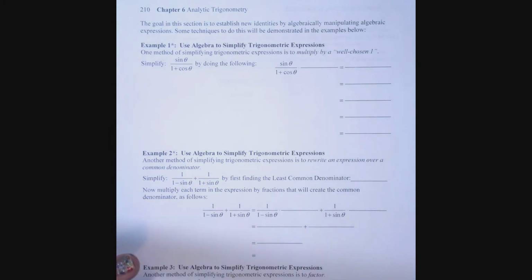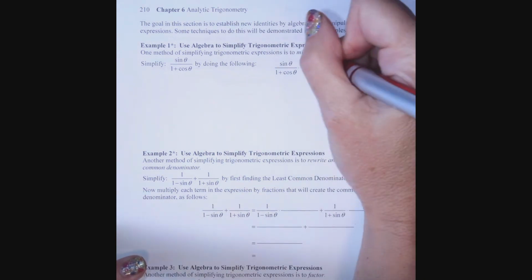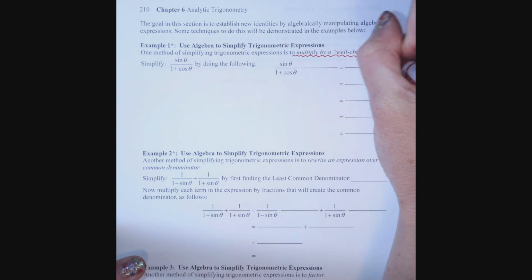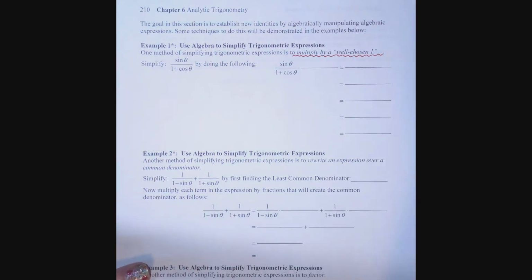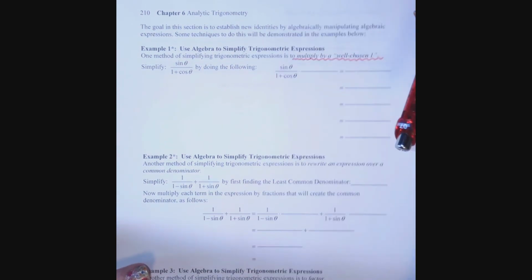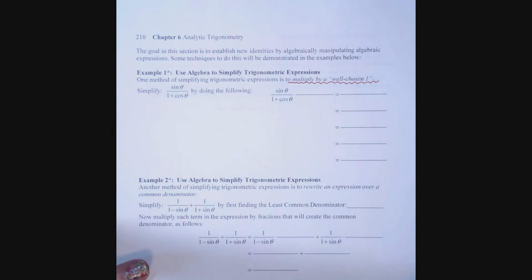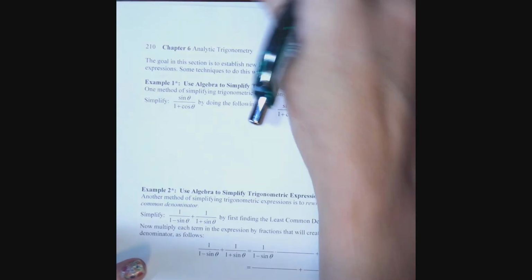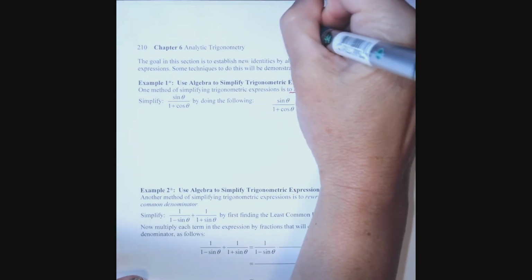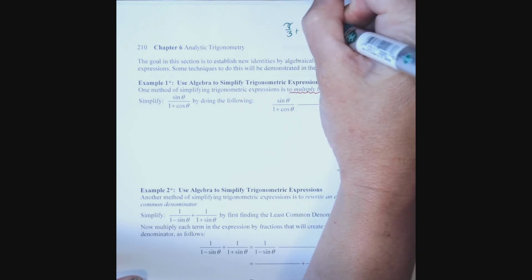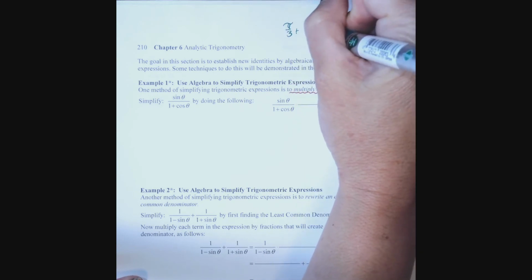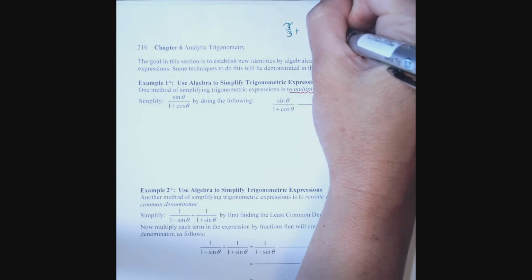The first thing that we have to try, the first tool for your toolbox, is to multiply by a well-chosen 1. Now, we use multiplication by a well-chosen 1 to find common denominators all the time. On the last section, I needed to add something like pi thirds plus pi halves.